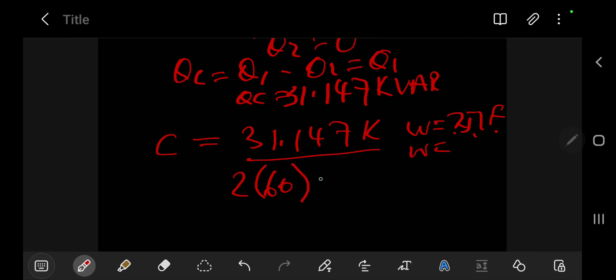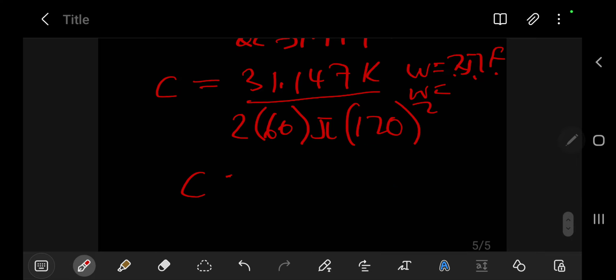And then you want the voltage in terms of the RMS value, but it has been given as an RMS value already. Let me just square it. If you do this correctly, let me just punch it on the calculator.